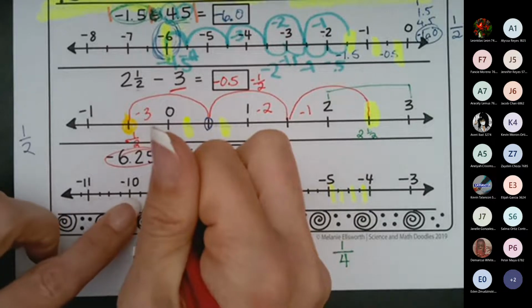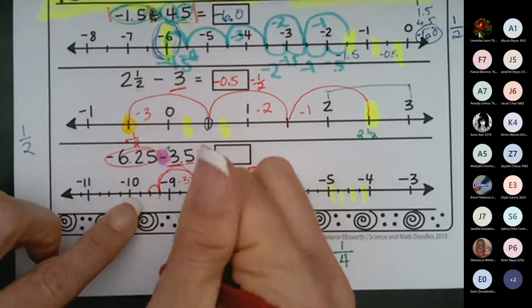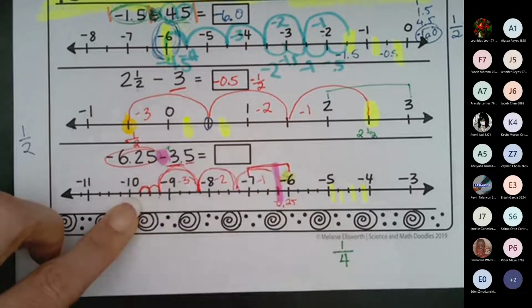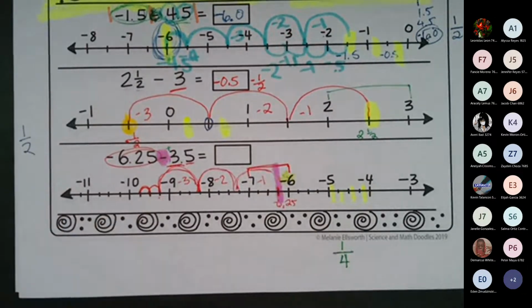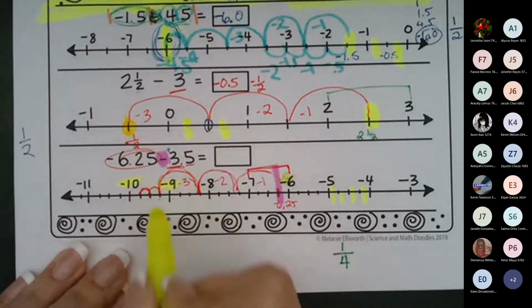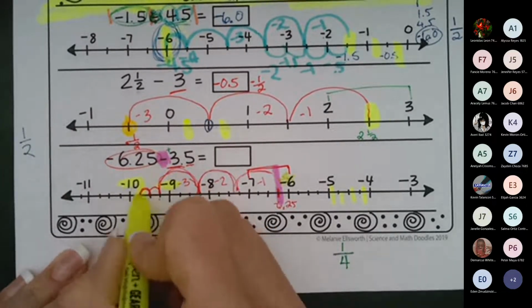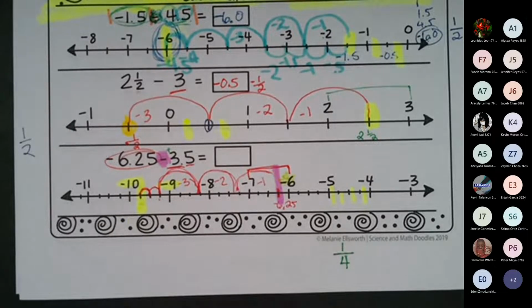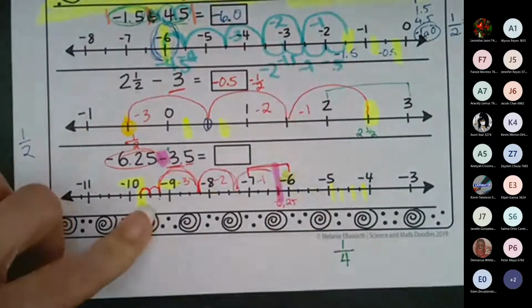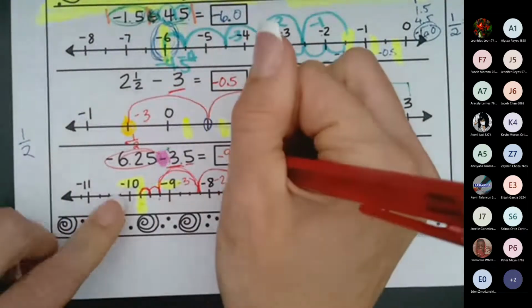Here's 0.25. The second one would give me 0.5, right? So my ending spot is right here in between -10 and -9. So that tells me that I'm going to have a -9, because it's not greater than -10.